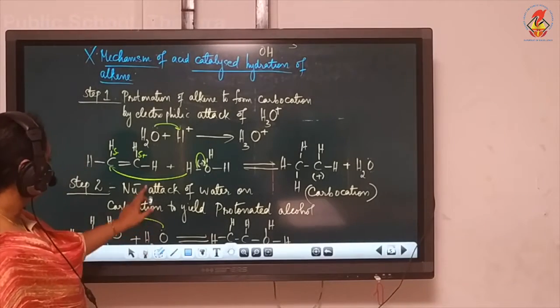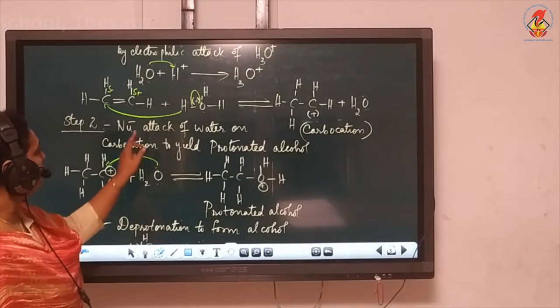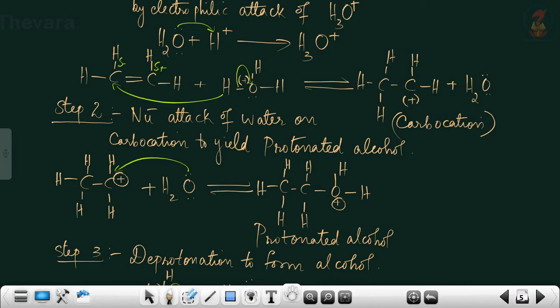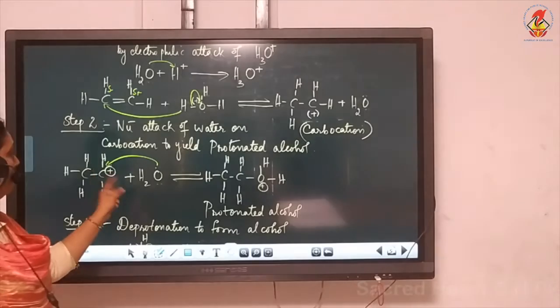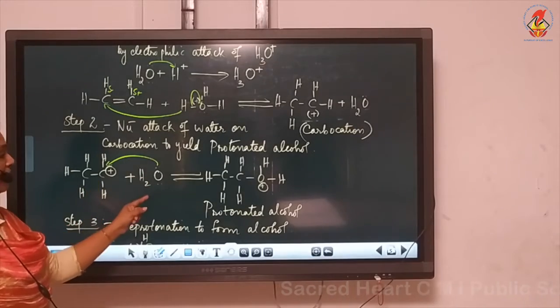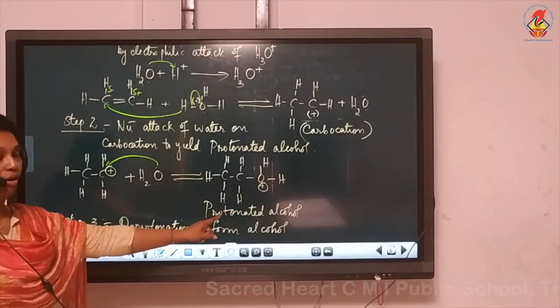Now step 2 is the nucleophilic attack of water on carbocation to yield protonated alcohol. So in the next step, it is the nucleophilic attack of H2O on carbocation. This is our carbocation formed in the first step plus H2O. You get a protonated alcohol.